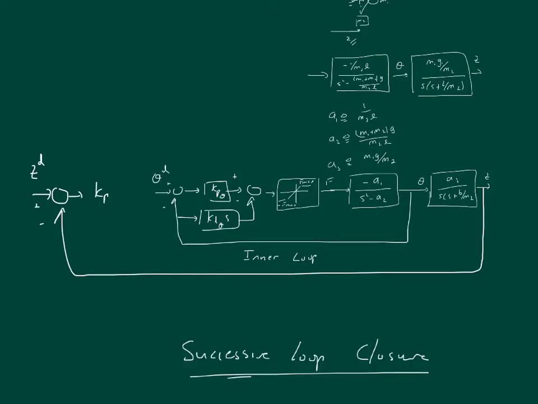So this would be Kp z, and then Kd z s, like this, and so this is the outer loop. Successive loop closure basically takes these loops one at a time. So we're going to go through how to do this inner loop, outer loop design.